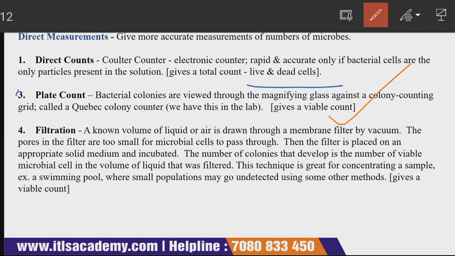The pores in the filter are so small that even very tiny microbes cannot pass through it. Then the filter is placed on the appropriate solid medium and you incubate, and the number of colonies that develop is the number of viable cells. So this gives the viable count only.